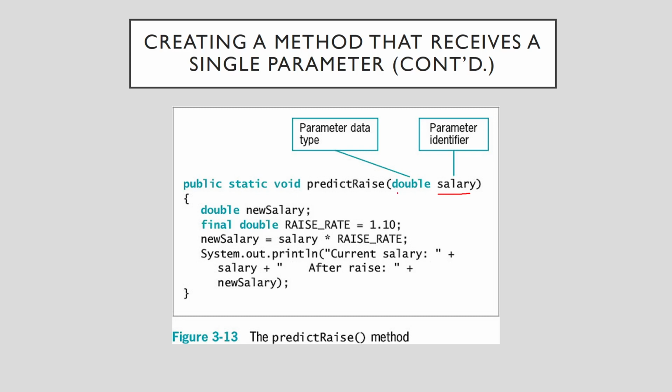So either a whole number or a number with decimal parts can be passed as an argument for the calling method predict race, but you cannot pass a character or an object type for this predict race. It must suit the data type that this parameter will receive.